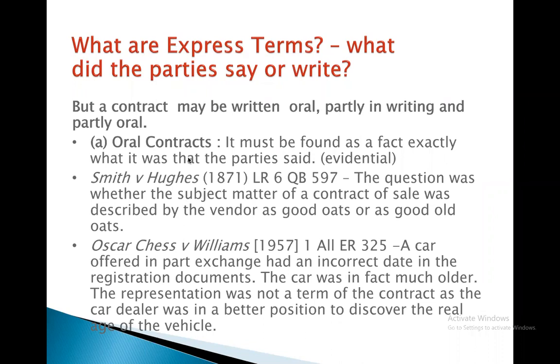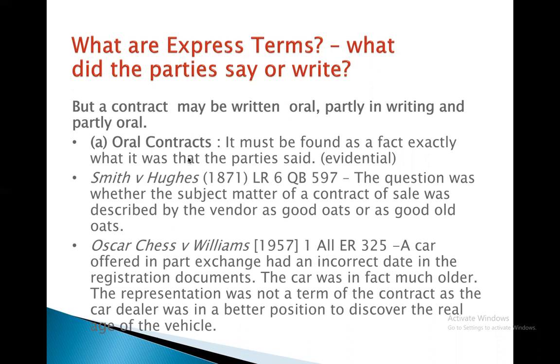A very useful authority which provides guidance in trying to establish what the parties said to each other at the time of making the contract is the well-known case of Smith and Hughes.